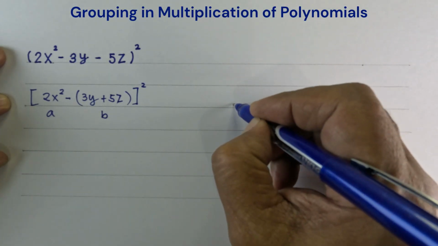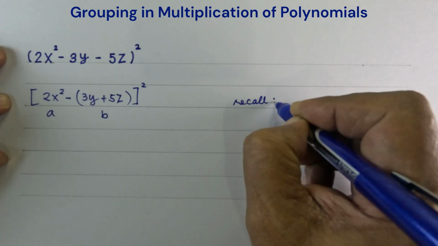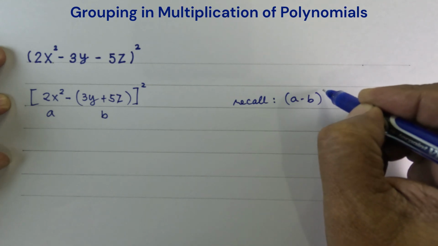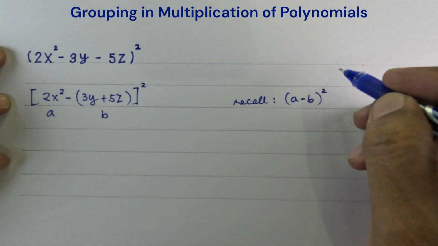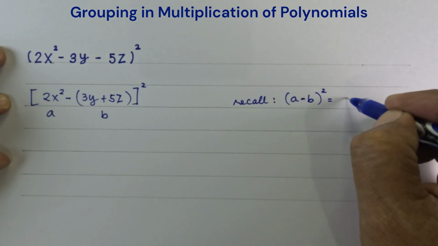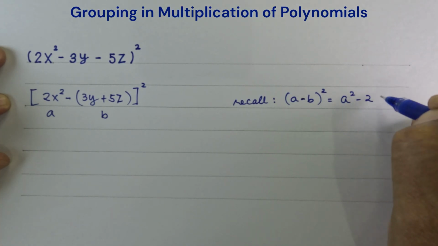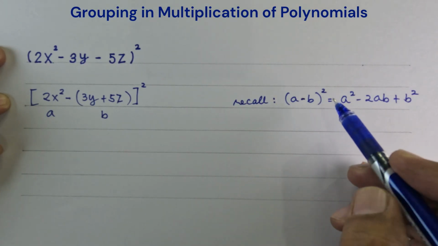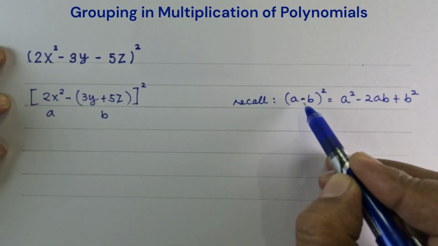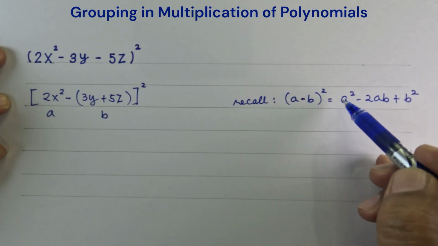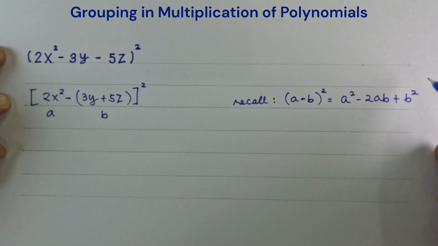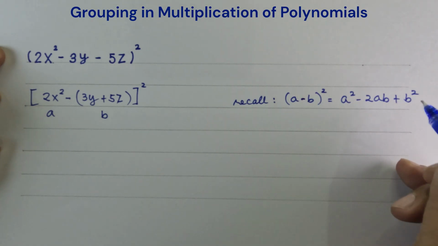Now, if you will recall, (A minus B) quantity squared is equal to A squared minus 2AB plus B squared. So that's the general formula of the square of the difference of two numbers: the square of the first term minus twice the product of the first and last terms plus the square of the last term.